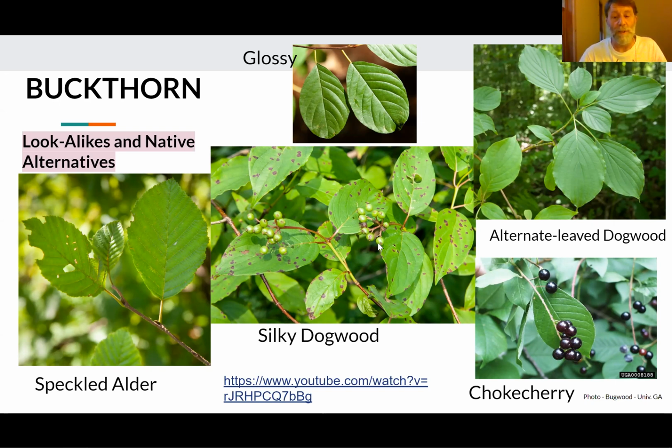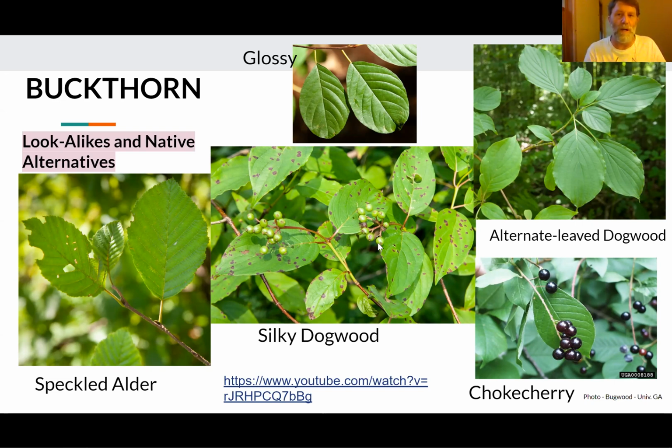One that's really common and hard to tell apart for some folks is chokecherry, shown at the bottom. It is similar to the common buckthorn in that the leaf shape is fairly similar, and they also have a toothed edge. They have more veins. The common buckthorn has 3 to 5 pairs of veins.